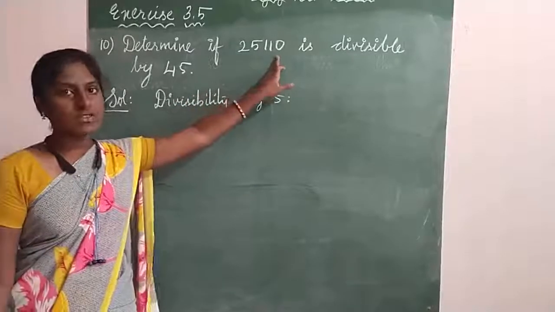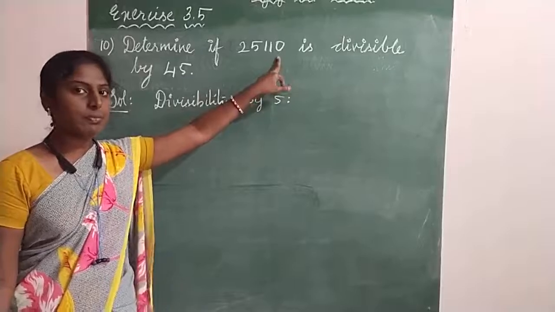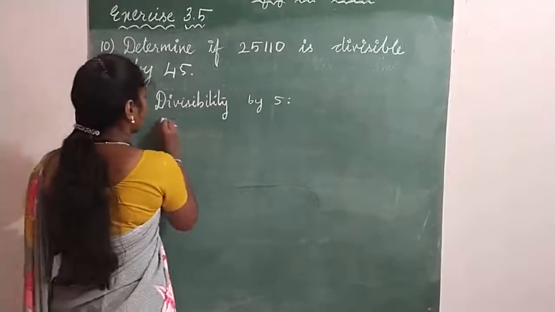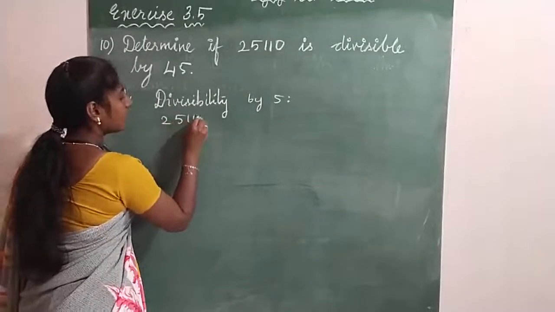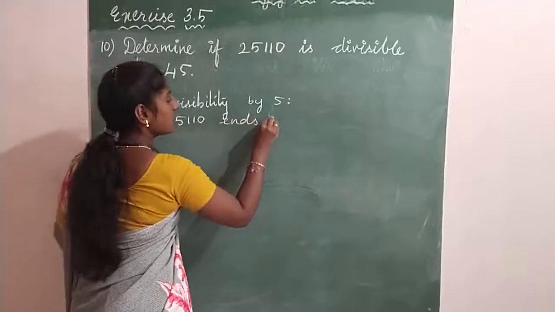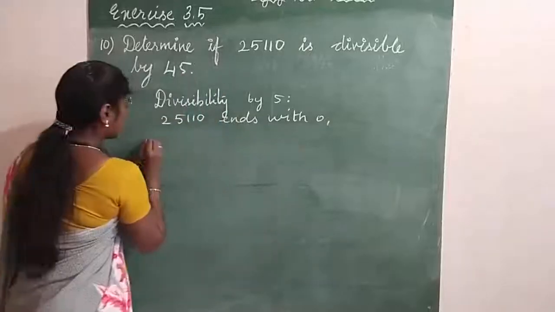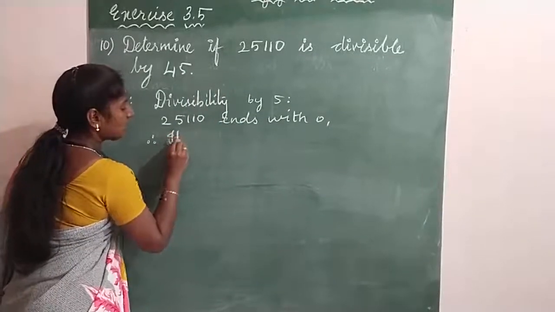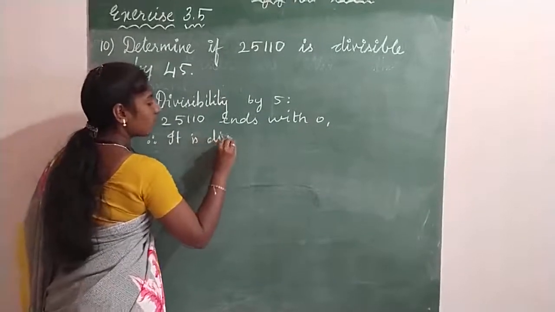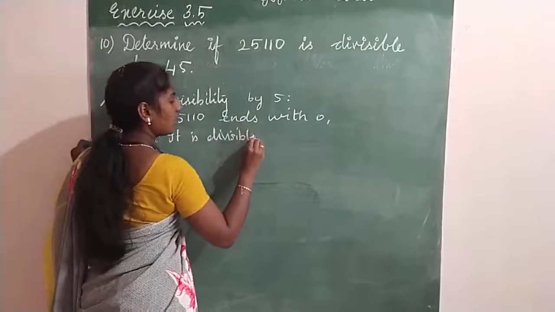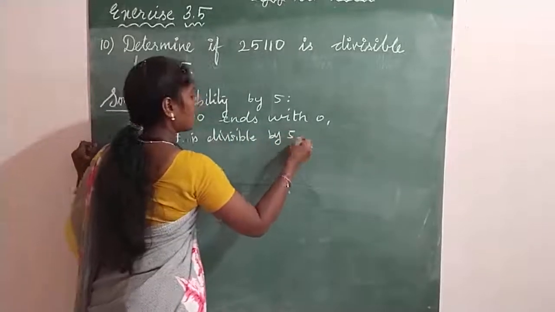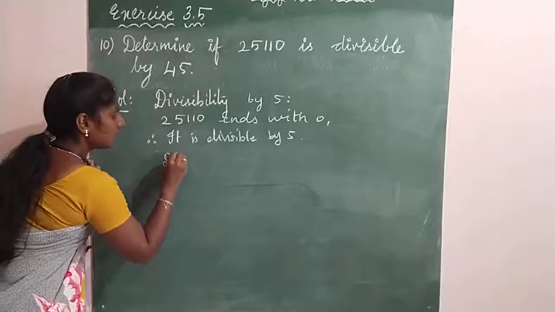So here this number ends with 0, so surely it is divisible by 5. So you will write: 25,110 ends with 0, therefore it is divisible by 5, right?